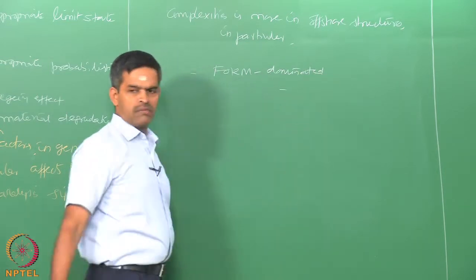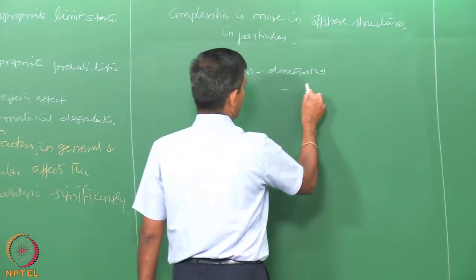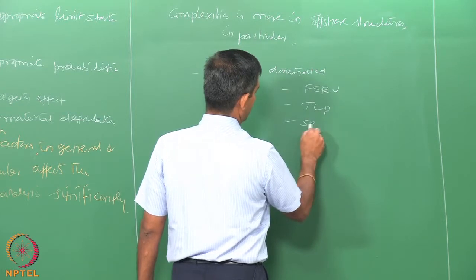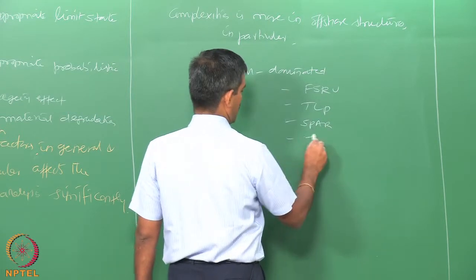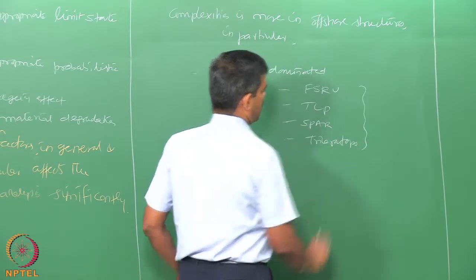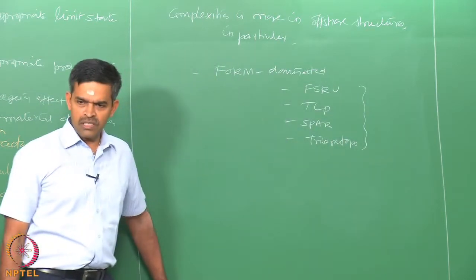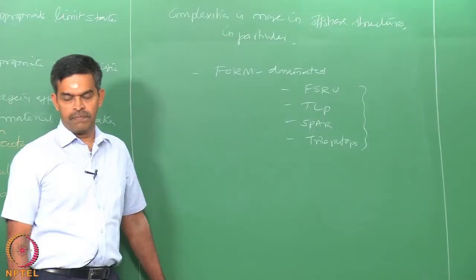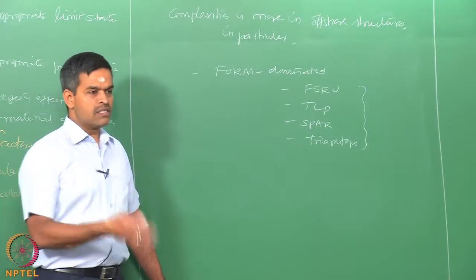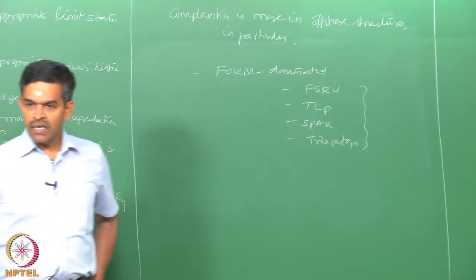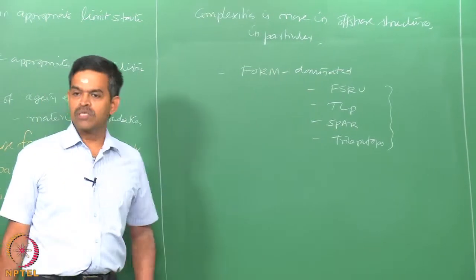We all know that, for example, let us say an FSRU, a TLP, a spar, a triceratop, which are compliant or floating offshore structures. Essentially, they are designed in such a manner they remain positive buoyant. Therefore, the installation, commissioning, erection and decommissioning becomes easy and the installation cost is as low as possible.